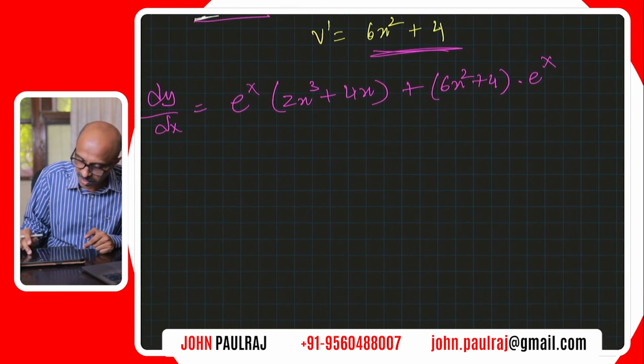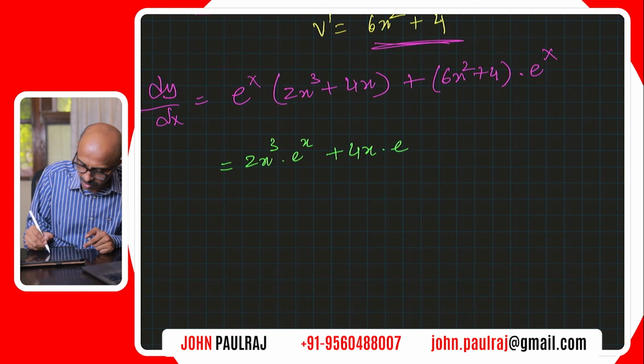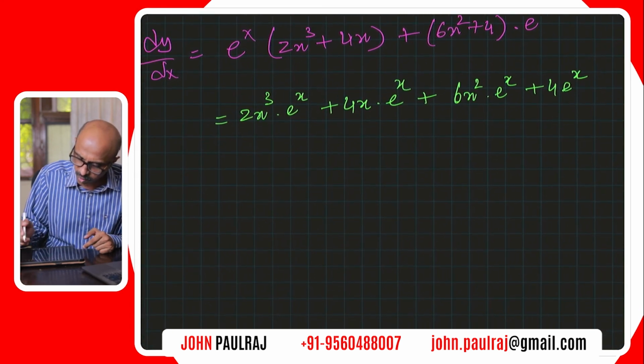Now you can open the brackets and simplify that to get 2x cubed times e to the x plus 4x times e to the x plus 6x squared e to the x plus 4 e to the x. Actually, you can bring that e to the x out as a common term.